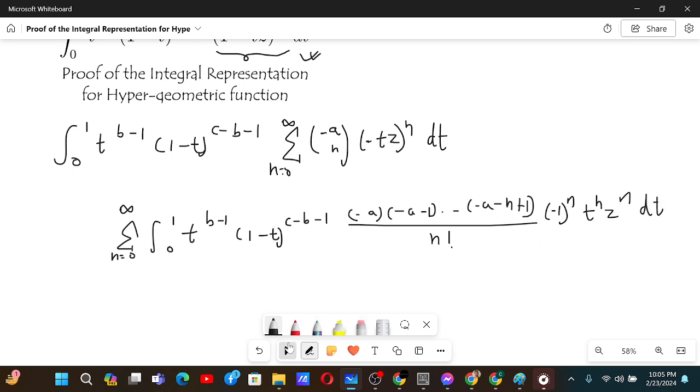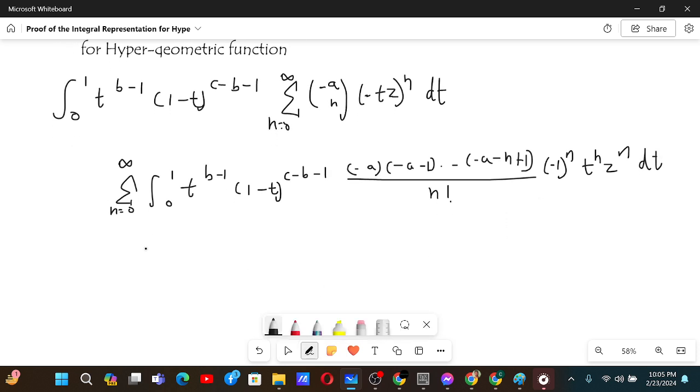Okay, now what you can notice is, if we multiply this by minus 1 to the power n, each of the minus 1 will be distributed to each of the terms. So we basically have the product of a, a plus 1, up to a plus n minus 1, and this is defined as the rising factorial of a.